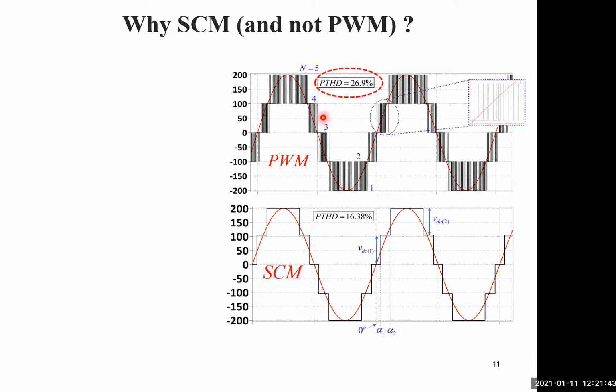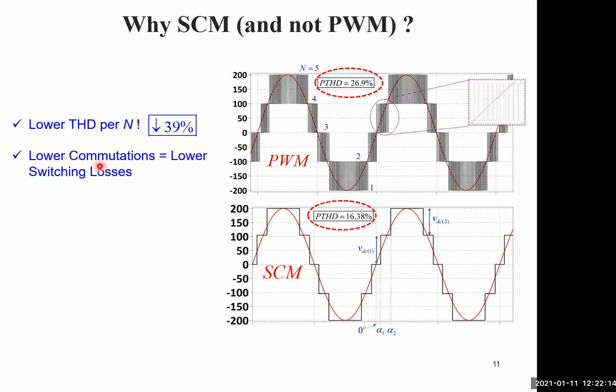As you can see, the THD of the phase voltage waveform, short for PTHD, meaning THD applied to phase voltage, is about 27%. And if you switch to SCM, you're going to get a PTHD of only 16%. So from this example for 5 levels, there is a relative reduction of almost 40% in harmonic distortion.